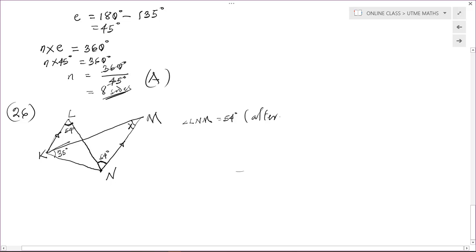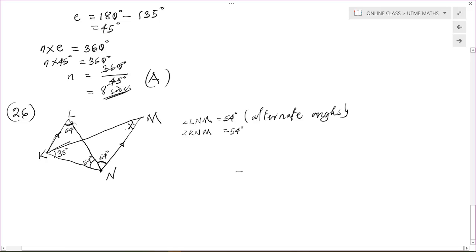Alternate angle. Now again, this angle is 54 degrees. Why? They said this line divides the whole angle here into two equal parts. That was the instruction. So it means that angle KNM is equal to 54 degrees.